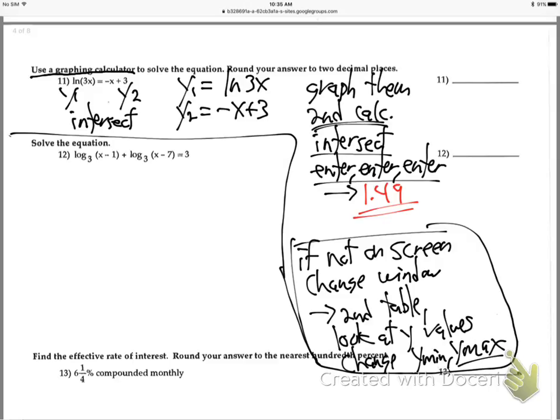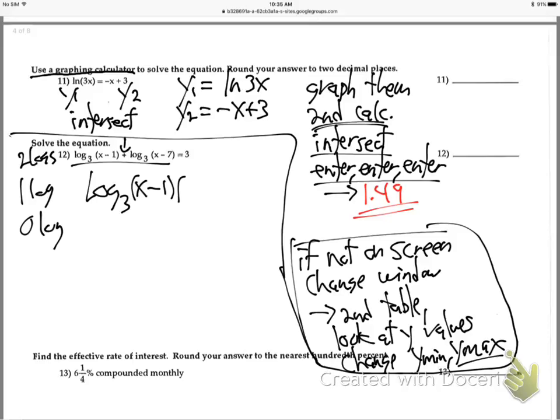So 2 logs, 1 log, no log, right? So how do the 2 logs become 1 log? Adding becomes times. What if that was subtraction in the middle? If that was a minus in the middle, I would put x minus 1 over, I would divide the 2, right?